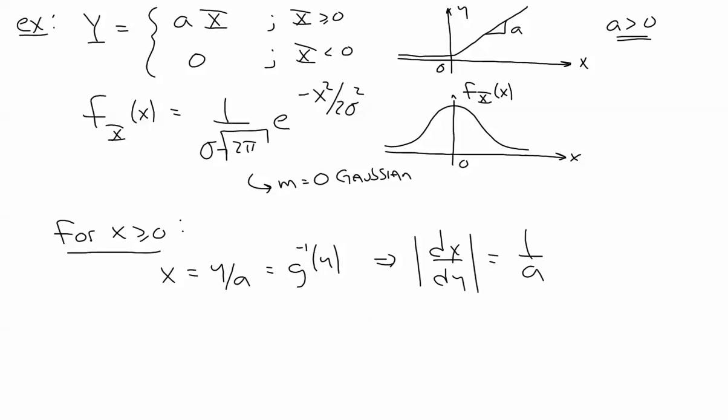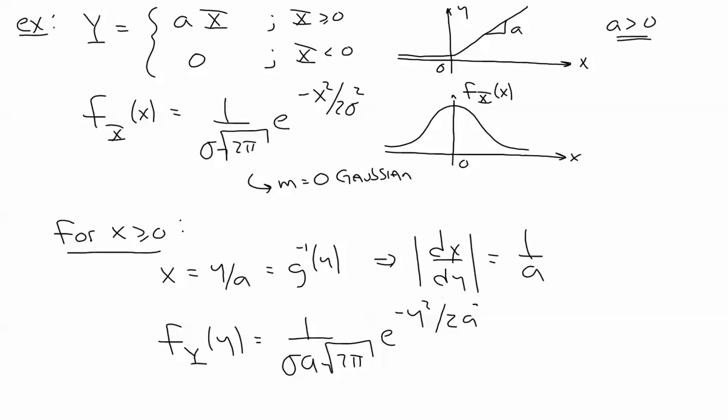So for the x greater than or equal to 0 range, I simply have that my probability density function is 1 over sigma a square root of 2 pi e to the minus y squared over 2a squared sigma squared.